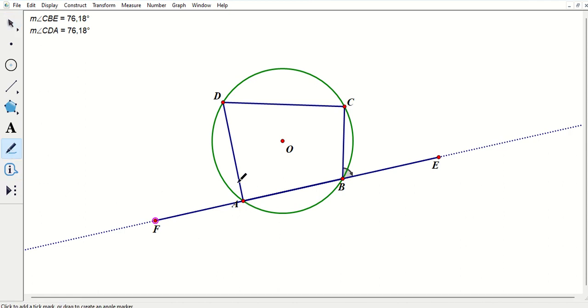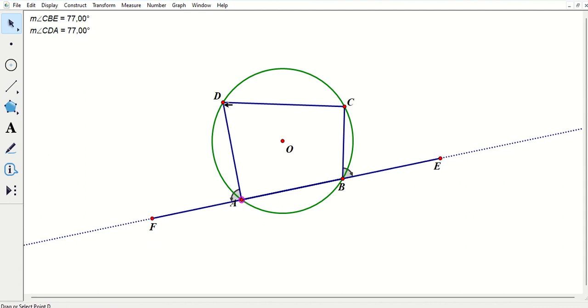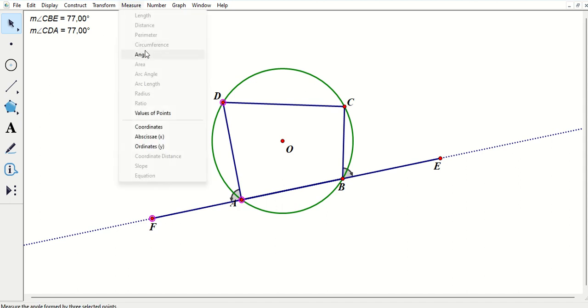So what are we measuring? We are measuring this angle here, which is angle FAD. That is my angle FAD, and I want to measure it.